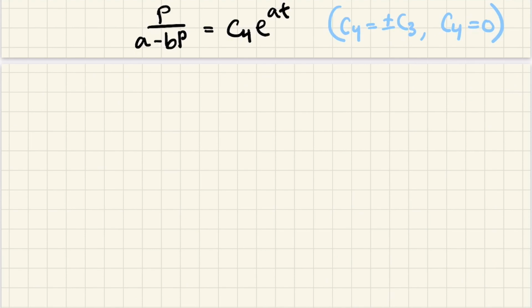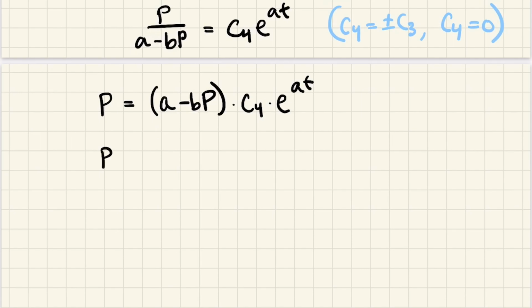All right, to isolate P, we need to bring the denominator over to the other side. So we have P is equal to A minus BP times C4 times e to the AT. And we'll have to distribute on the right-hand side and then bring that p back over and factor it. So we'll have p is equal to a c4 e to the at minus bp c4 e to the at.